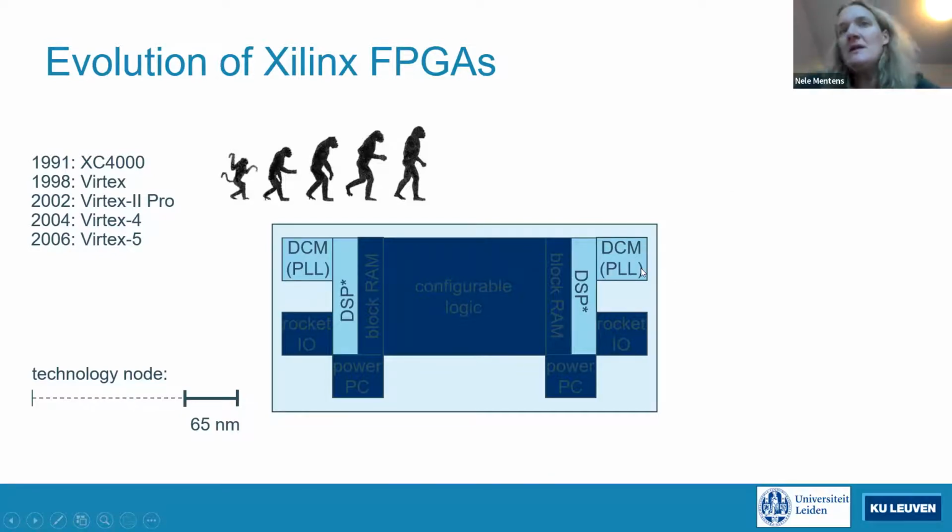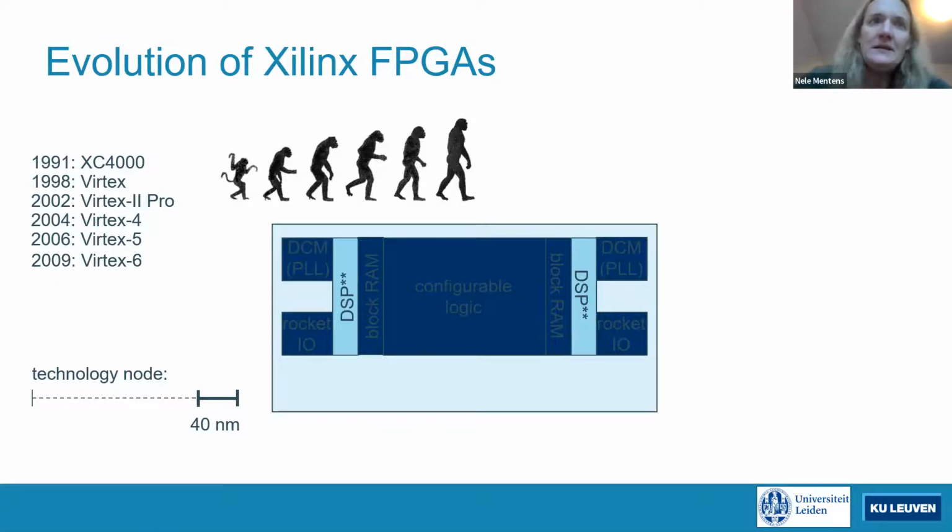The digital clock manager was also improved. Instead of using DLL, now phase lock loop PLL was used. And then mainly the DSP slices were updated and improved. Also, these embedded processors, the PowerPC, were removed, but the support for having embedded processors in the configurable logic was then improved.